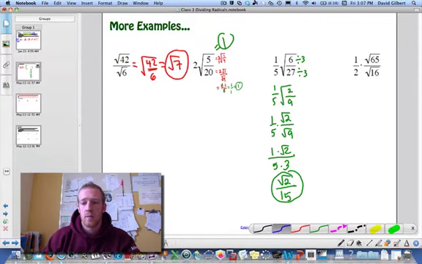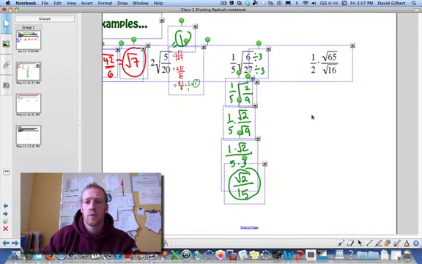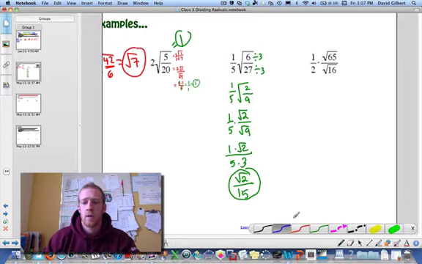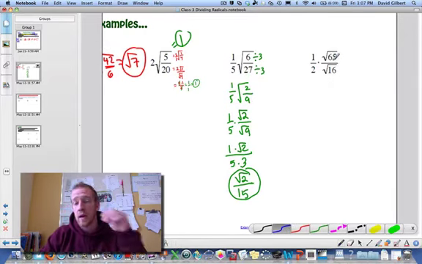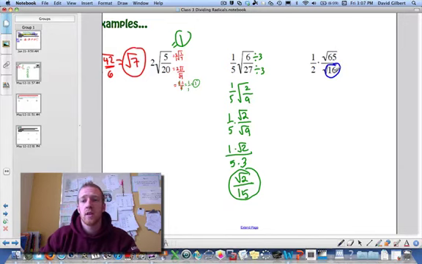Here we got, move this over, give me a little more room. So here we got a 65 over 16. I notice right off the bat that's a 16, so that is a perfect square. So I have 1/2 times root 65. Always rewrite the whole thing, even the parts you don't change, times 4.